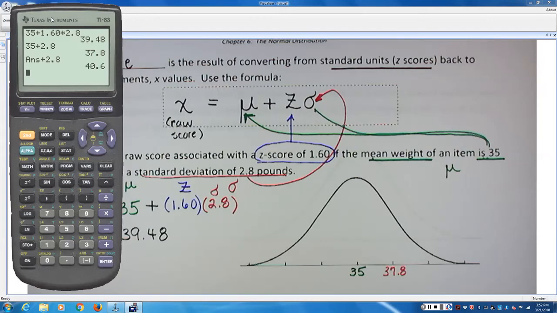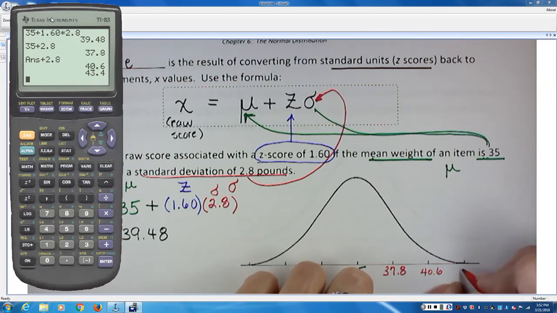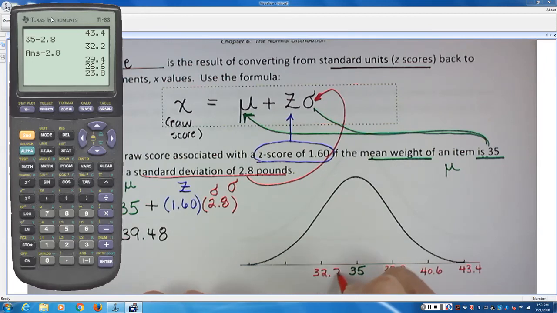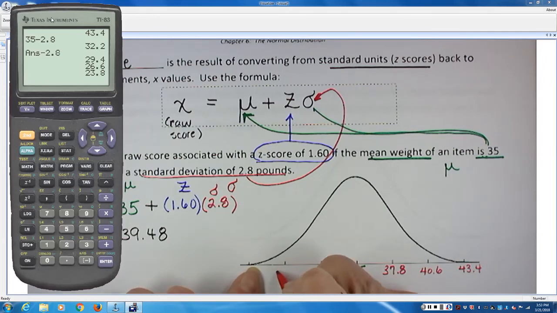So that'd be 40.6. And 43.4. And then here are my other values, 32.2, 29.4, and 26.6.